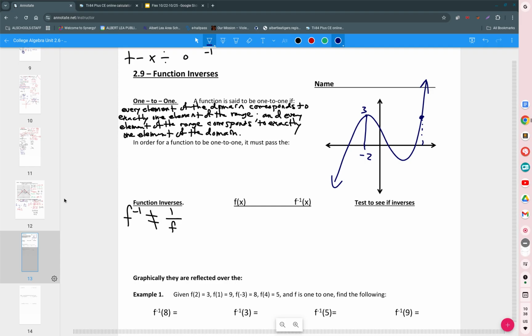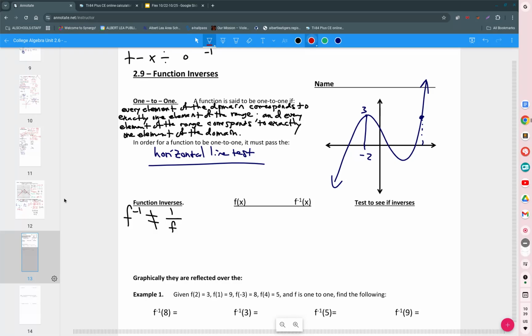Yeah. So therefore, this is a function, but it's not 1-to-1. A 1-to-1 function must pass the vertical line test and the horizontal line test. That one fails, doesn't it?